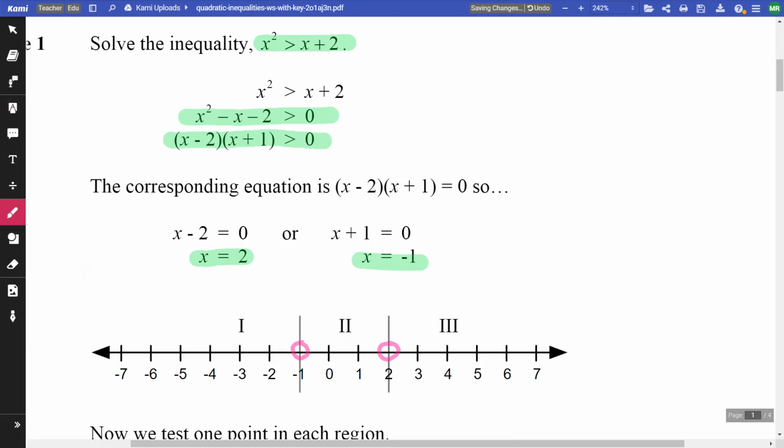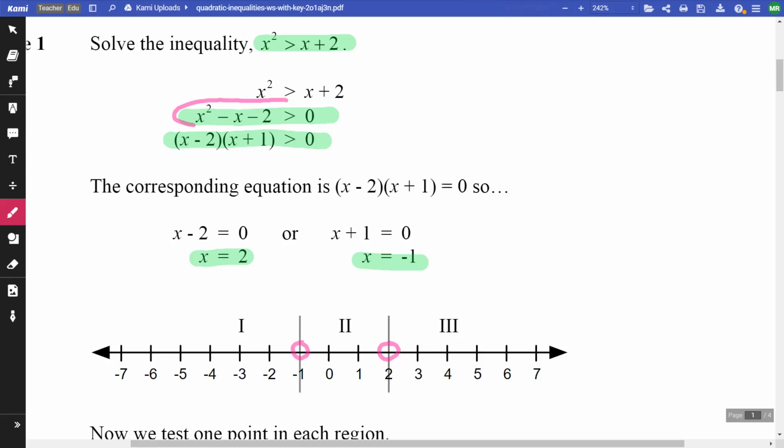We need to decide if we're shading in between, where they labeled it Roman numeral 2, or outside, where they have Roman numerals 1 and 3. Now, they're testing a point, putting in a number in section 1, section 2, section 3 to see what makes it true and what makes it false. I am going to think of this as a parabola.